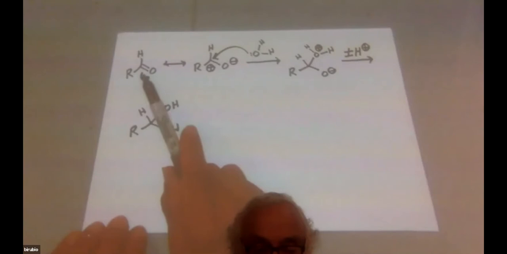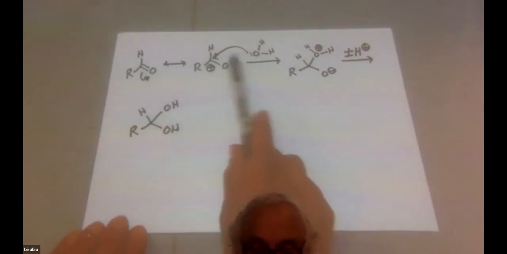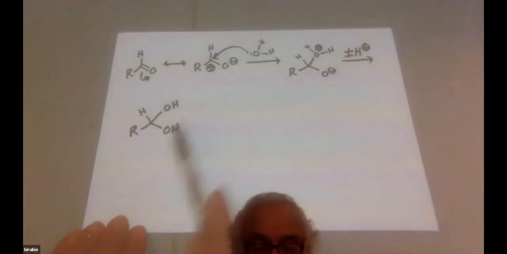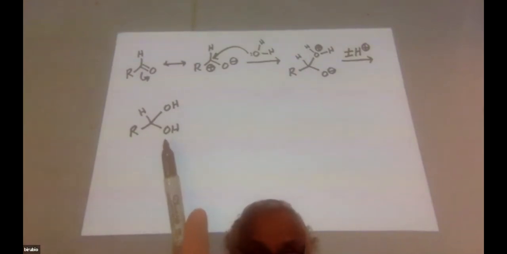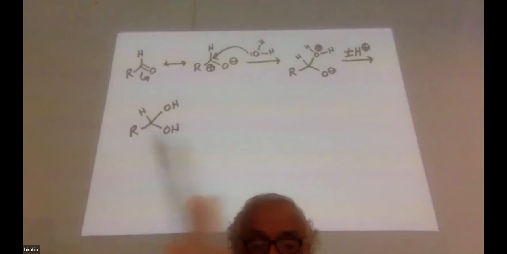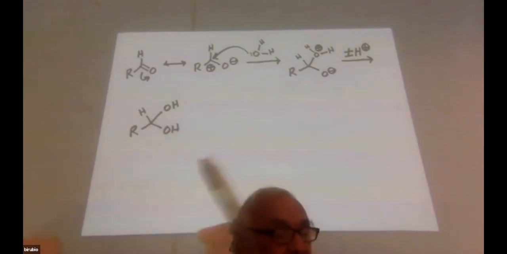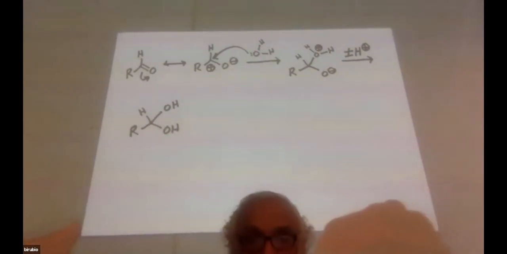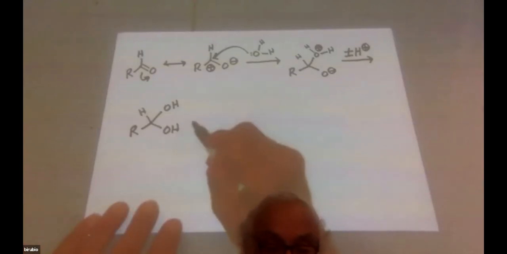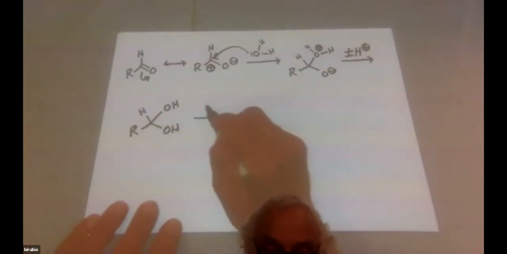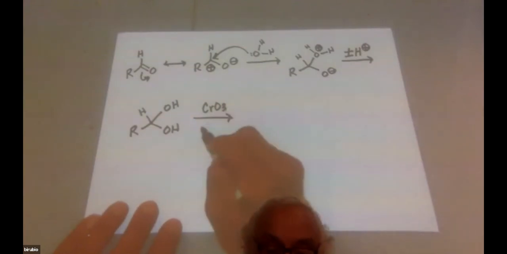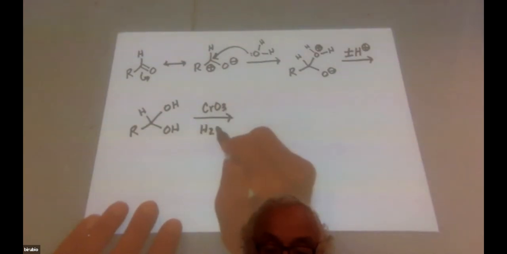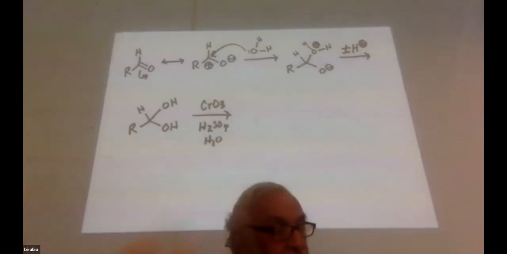This aldehyde underwent attack by water under acidic conditions, and now it's created another alcohol, but it's an alcohol with two OH groups on the same carbon. This enters into another cycle of Jones oxidation. So in other words, more chromium trioxide, more sulfuric acid, more water, all of that is in there.